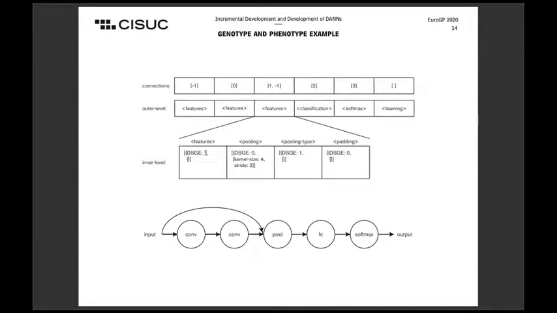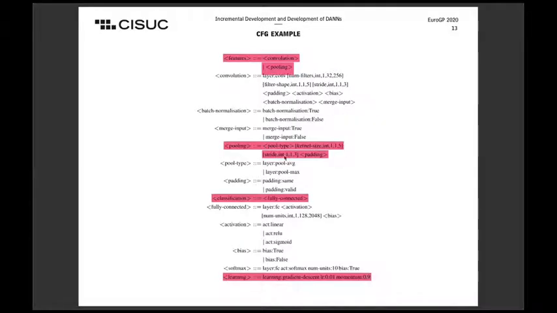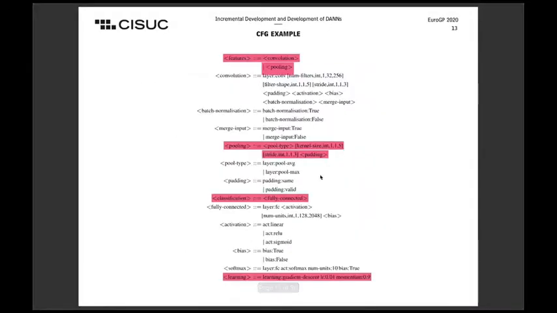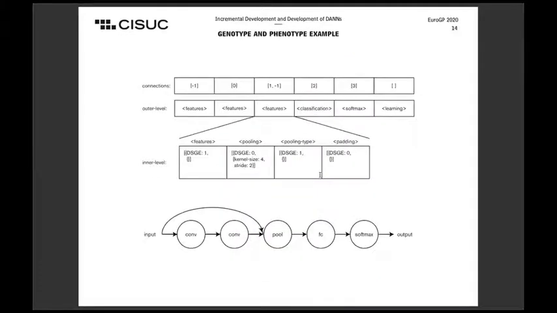The first expansion is the 1, which corresponds to a pooling layer, and then the pooling layer has a kernel size of 4, a stride of 2, and a pooling type of 1, which in our case corresponds to max pooling, and a padding of 0, which corresponds to same. And as you can see, the mapping to the phenotype, which in this case corresponds to this particular set of layers. And as we've seen for the particular one where we have the inner level, we have the pooling connected to 2 layers, which are the previous one and the input.